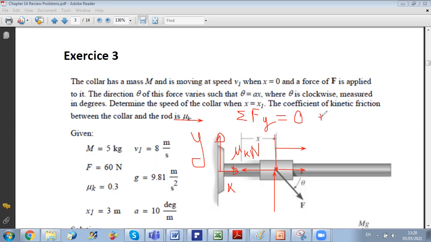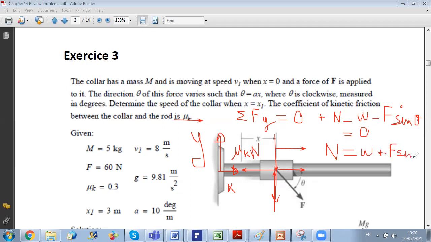So we have plus n minus weight, but don't forget to account also for the projection of F. So if you project F on y, you have minus F sine theta. So minus F sine theta equals 0. So this will give us that the normal n is given by W plus F sine theta. Okay.